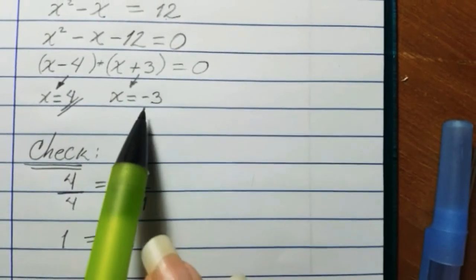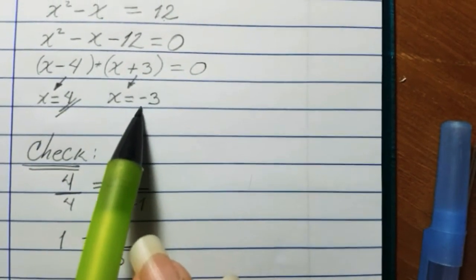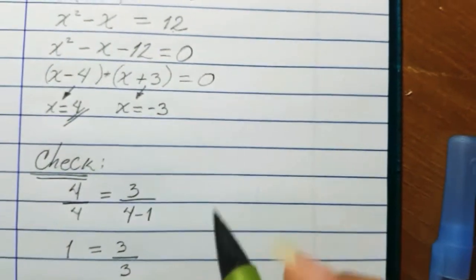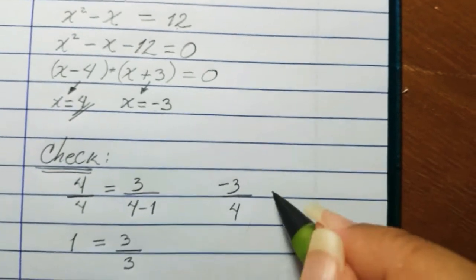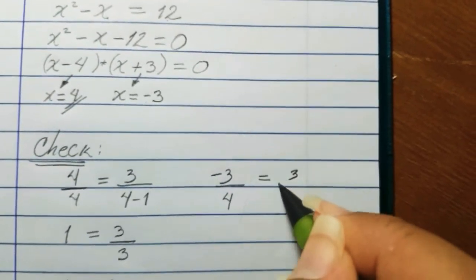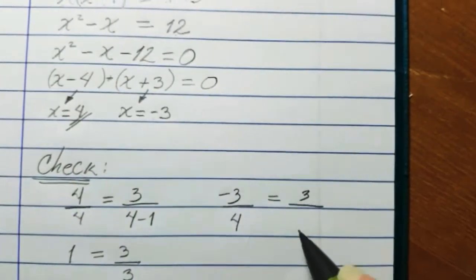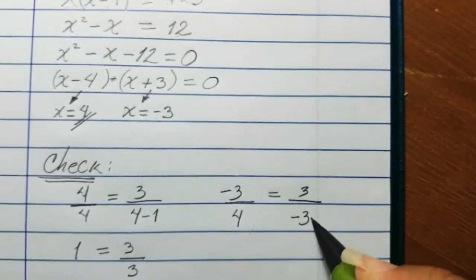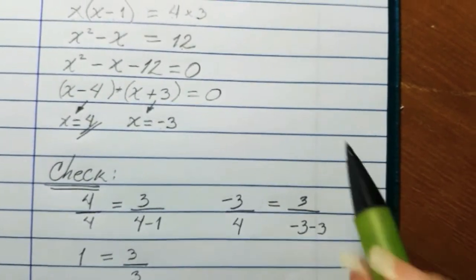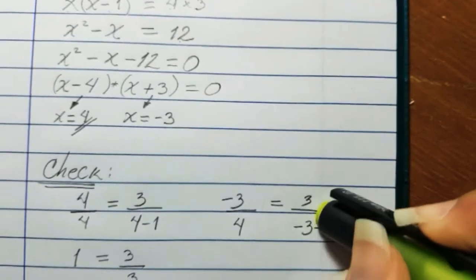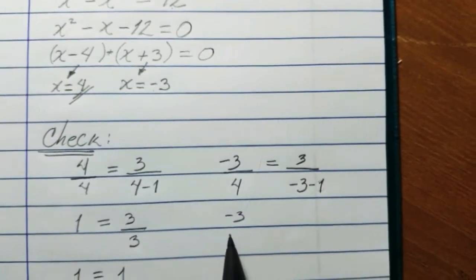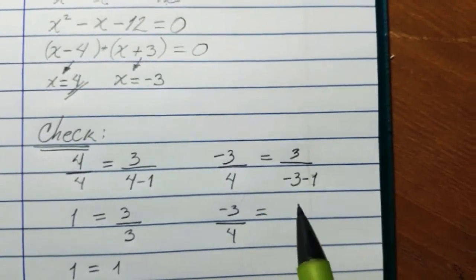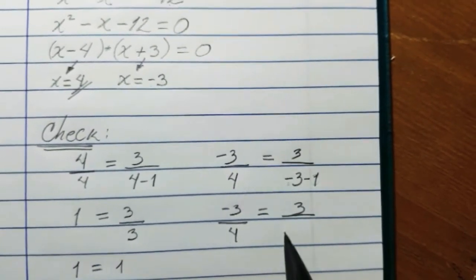Now let's check with the negative 3. So negative 3 over 4 equals 3 divided by negative 3 minus 1. Negative 3 divided by 4 equals 3 divided by negative 4.